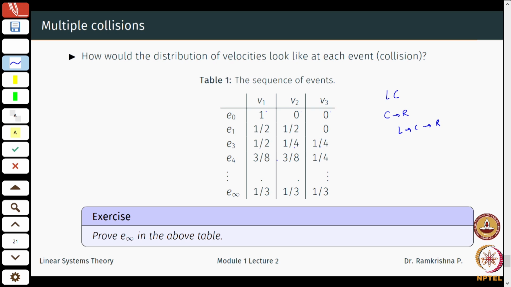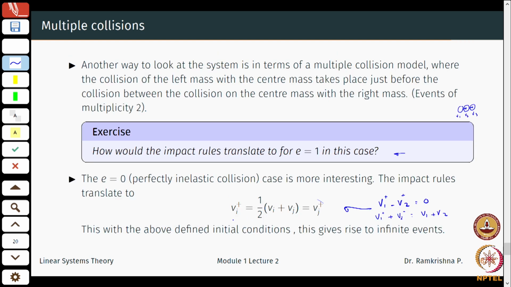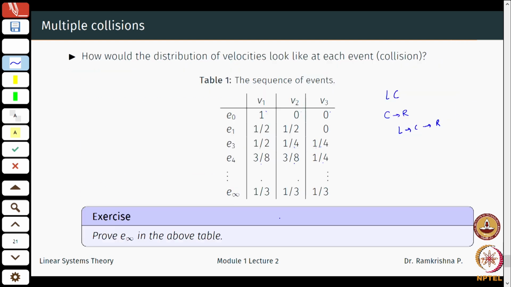Then I have a transfer between the two, this one stays as it is, and V2 and V1 collide on the other side. So I will have the velocities again going by this formula, and I keep on doing this. At infinity, I will have velocities converging to 1 by 3, 1 by 3, 1 by 3. You can derive this as a simple exercise.